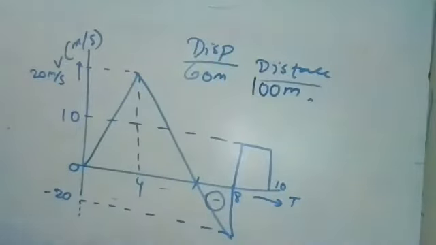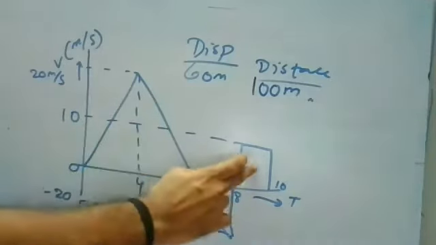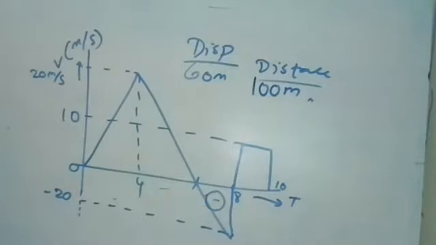So when you are discussing graphs, try to understand that for the displacement we have to take the negative portions as negative. One is positive, and this one is negative for the displacement.